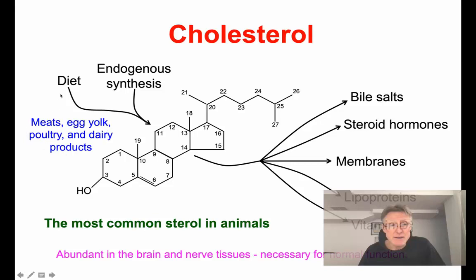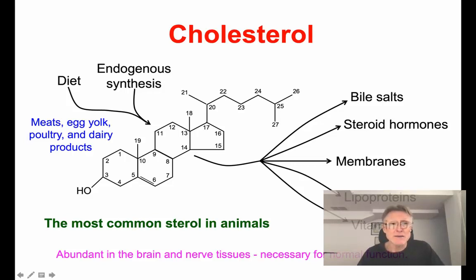So these are mainly the sources of dietary cholesterol. But in case you decide not to eat any cholesterol, you can say, I'm going to ban completely any source of animal foods, so I'm going to be a vegan or a vegetarian. I'm not going to eat any animal product. Then you don't get any cholesterol from the diet because you're not going to get it from any plant. So what happens is that your body makes it. Cholesterol is such an important molecule for your organism that you have to have it present all the time.